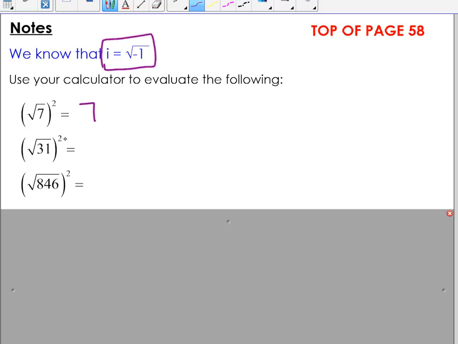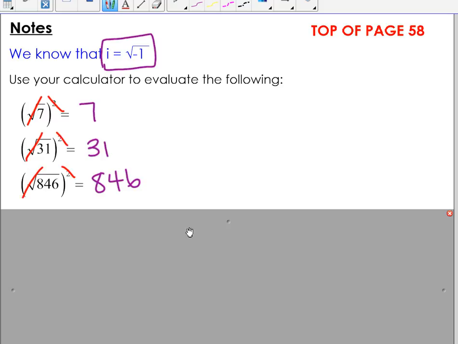The square root of 31 squared is 31, and the square root of 846 squared is 846, because if you recall, kind of like subtraction undoes addition and multiplication undoes division, a square undoes the square root and you're just left with whatever's inside.